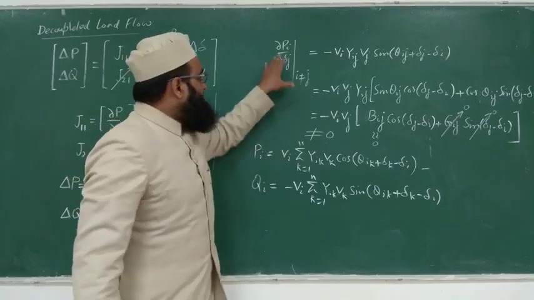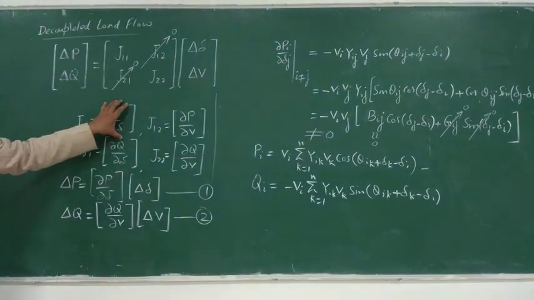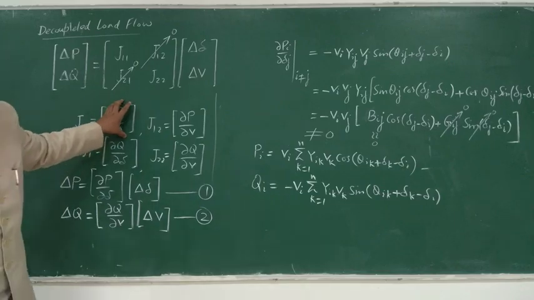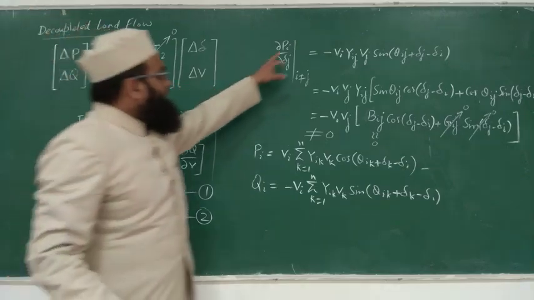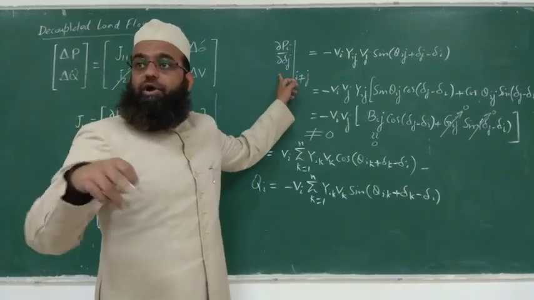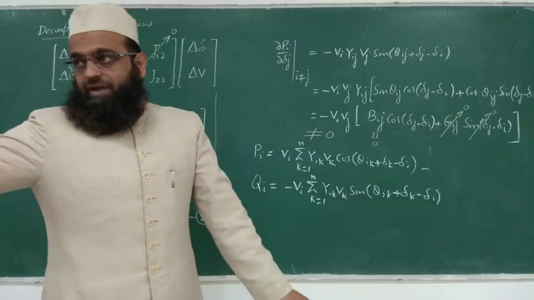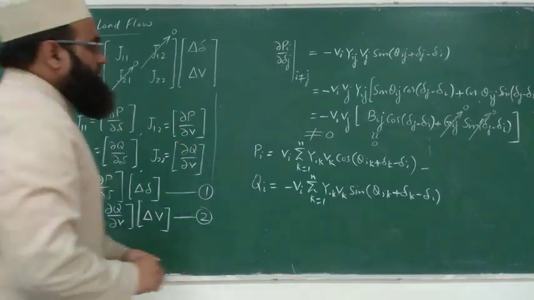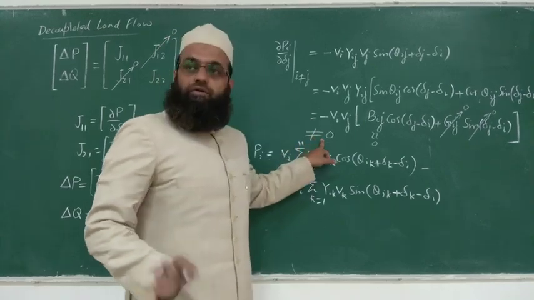So for this case, we have seen that all elements will be non-zero. Now we will check for another set of elements, when i is equal to j, like ∂P1/∂δ1, ∂P2/∂δ2, up to whatever the dimension of that system is, right? So this is not equal to 0.